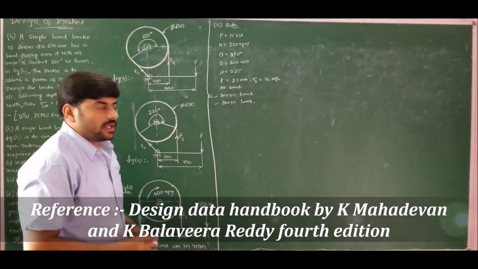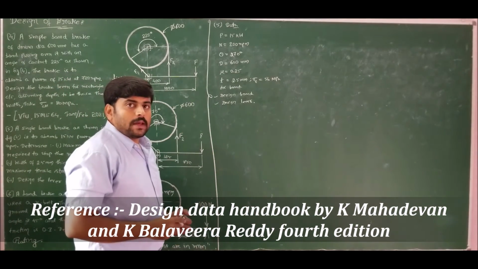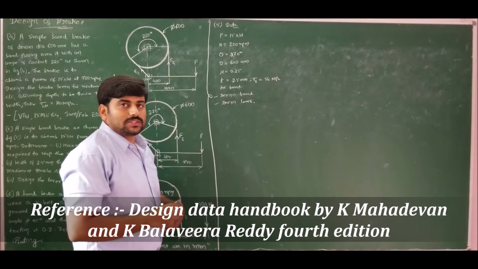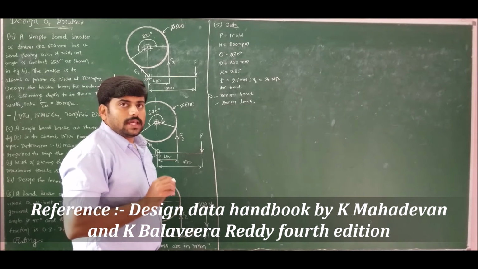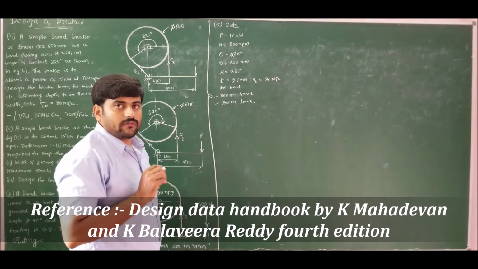Now, as usual, whenever we encounter problems on band brakes, we should refer to page number 270 of our Design Data Handbook written by K. Mahadevan and K. Balaveera Reddy. We are referring to the 4th edition.